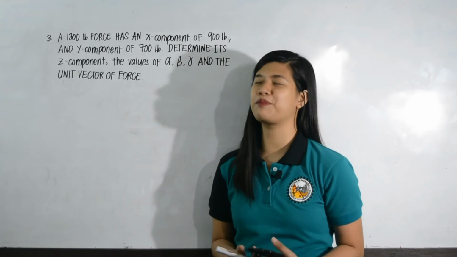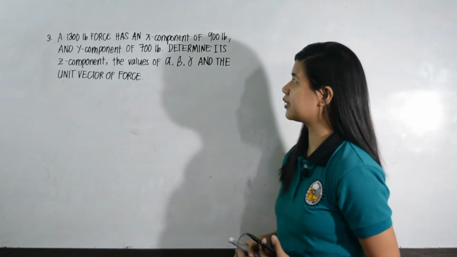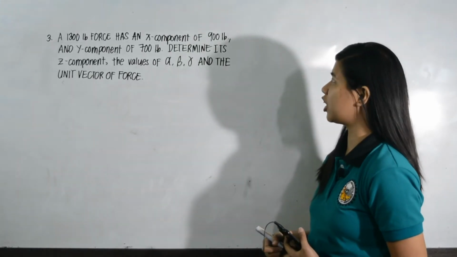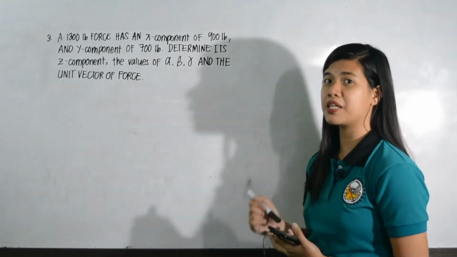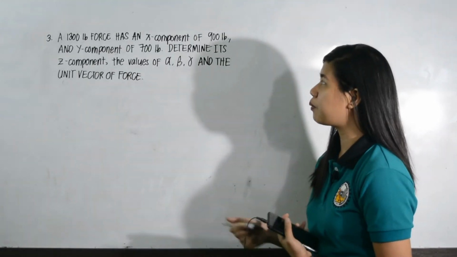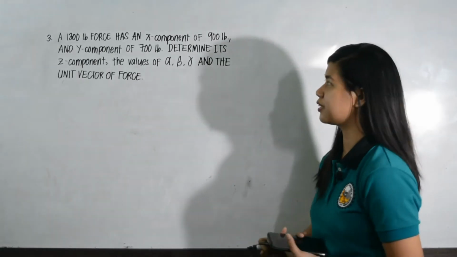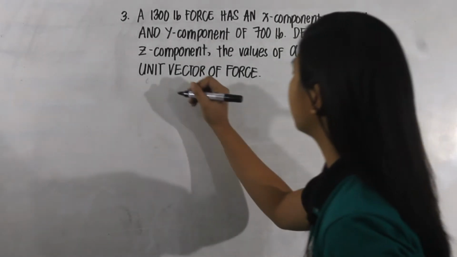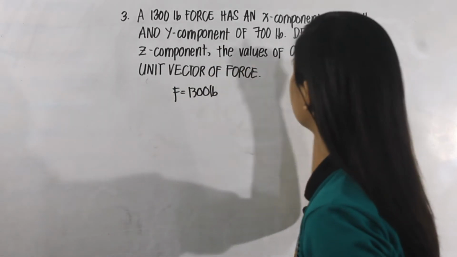Let's try another example. We have a 1,300 pound force that has an X component of 900 pounds and a Y component of 700 pounds. So determine its Z component, the values of alpha, beta, gamma, and the unit vector of force.